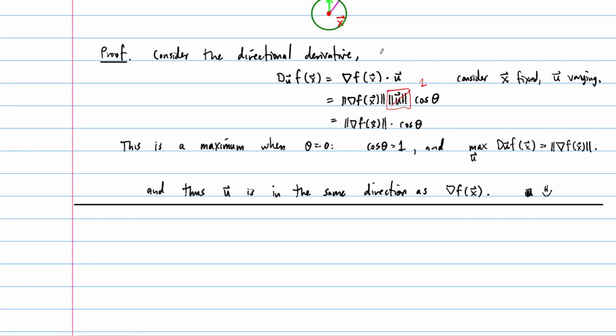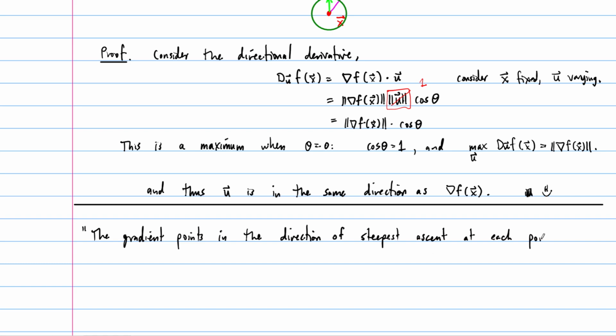So we could say, putting this in plain English, the gradient points in the direction of steepest ascent at every point. It points in the direction that is uphill, always uphill, where the surface is changing the fastest. So this happens at each point on the graph.